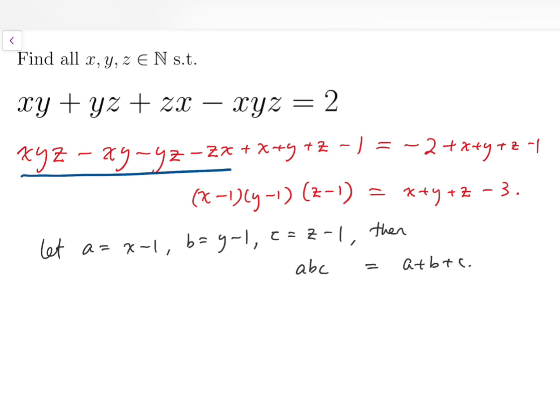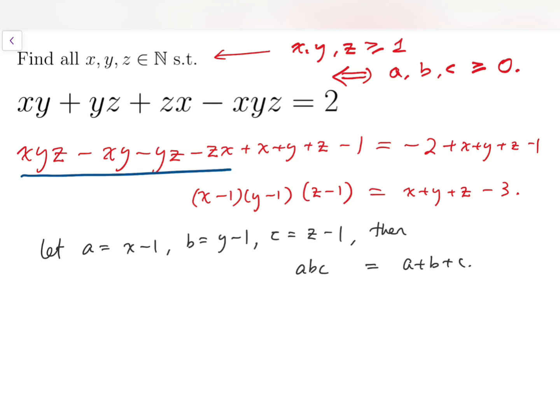This time, not natural numbers, but we only need them to be non-negative, because we know that from our condition, x, y, z is at least 1, and so consequently a, which is x minus 1, similar for b and c, only need to be at least 0, which means non-negative integers.